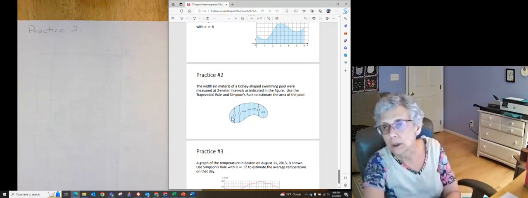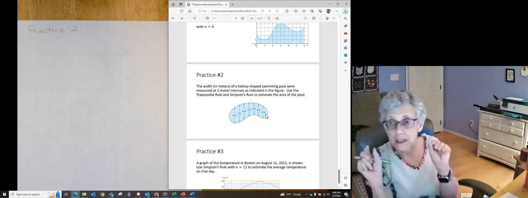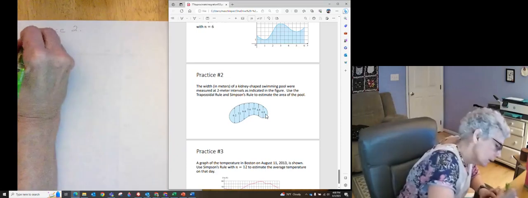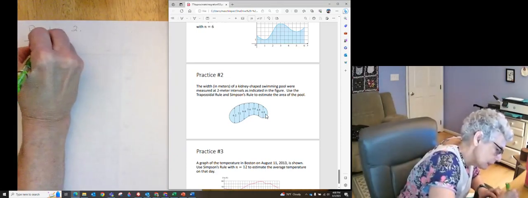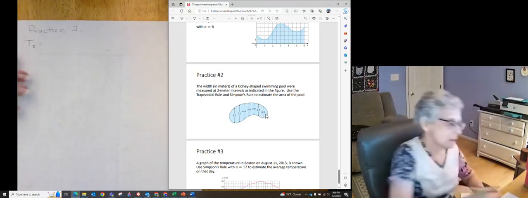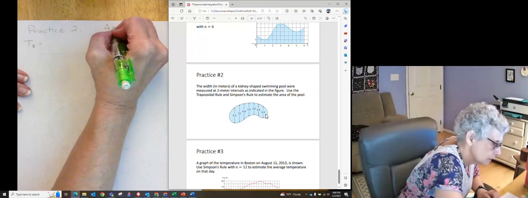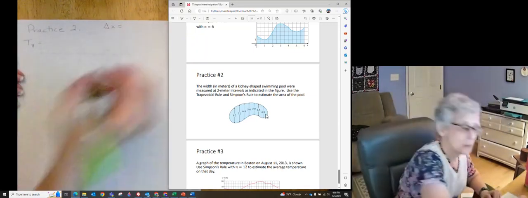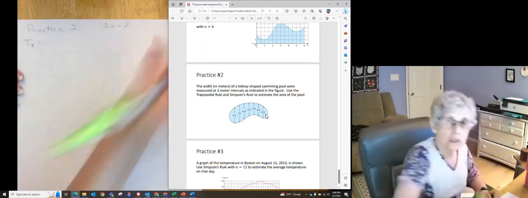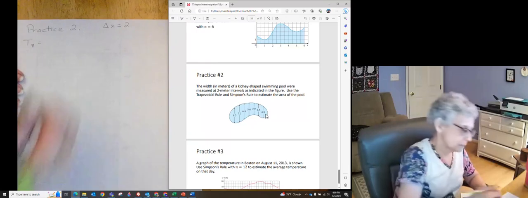Well, we're doing 1, 2, 3, 4, 5, 6, 7, 8, because that's how many little sections there are. So I'm going to call this T8. My delta x is the width of the interval, and it says they're 2-meter intervals. So delta x is equal to 2.